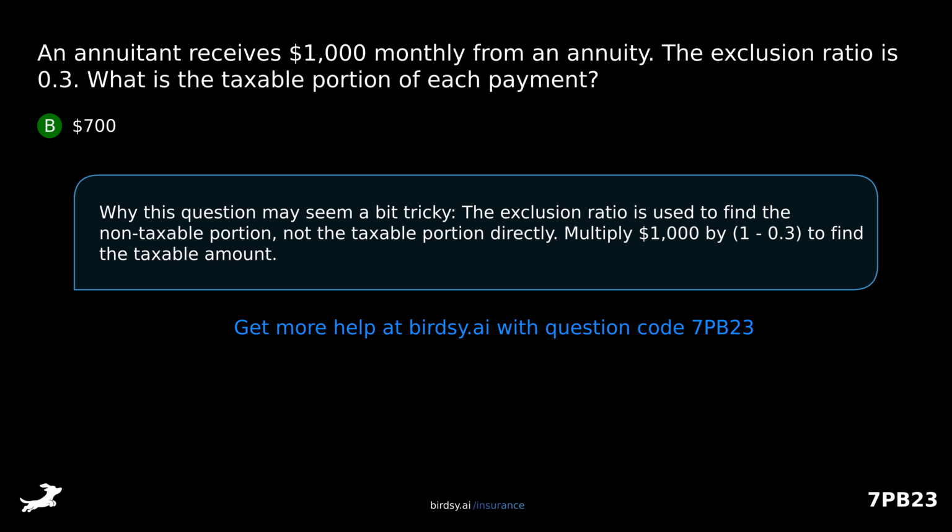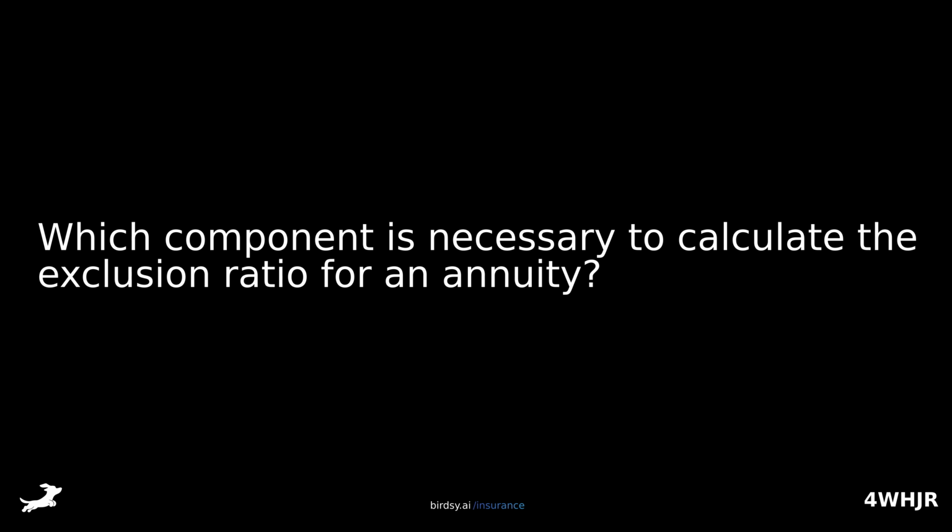Why this question may seem a bit tricky. The exclusion ratio is used to find the non-taxable portion, not the taxable portion directly. Multiply $1,000 by 1 minus 0.3 to find the taxable amount. Which component is necessary to calculate the exclusion ratio for an annuity?